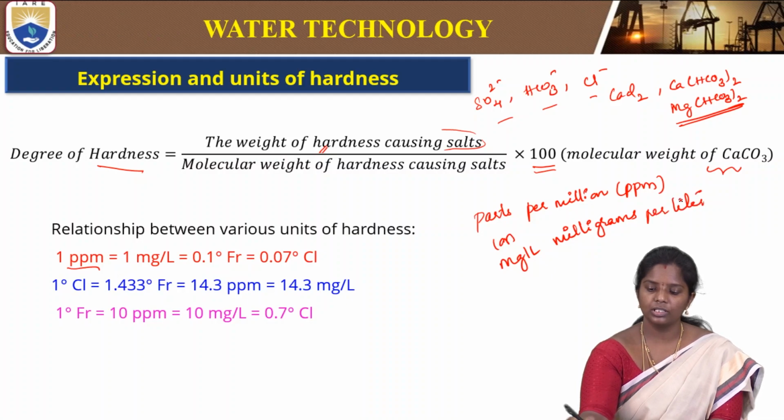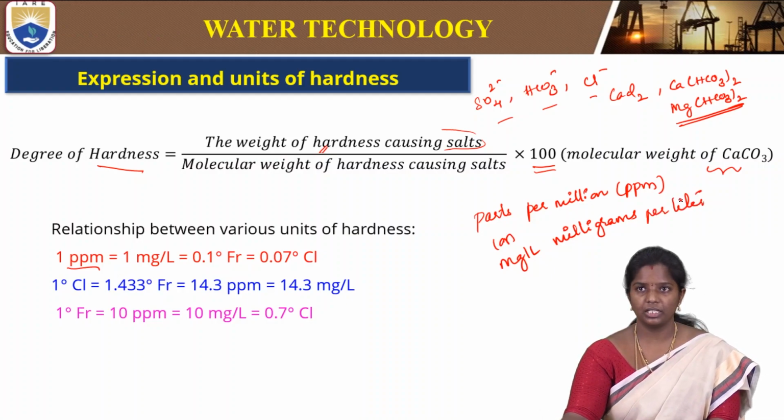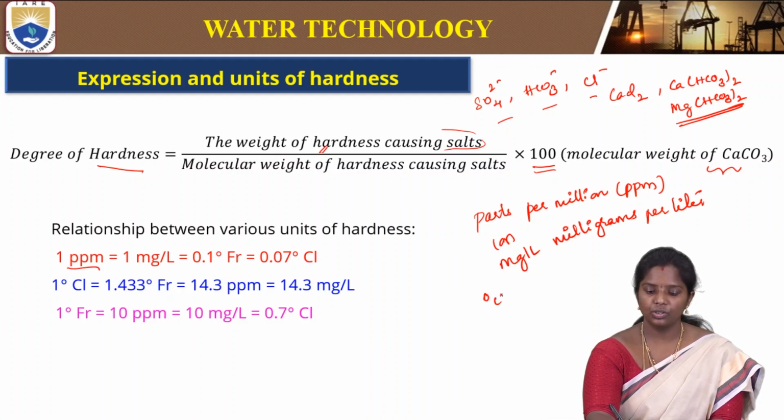These are the units widely used for representing the hardness of water. In some countries, we also show it in degree Clark and degree French. So these are other units used in the representation.